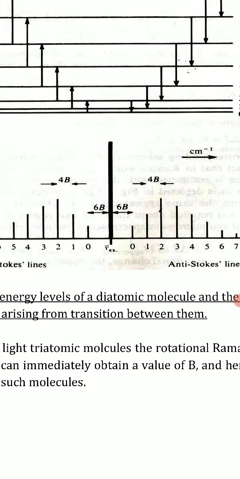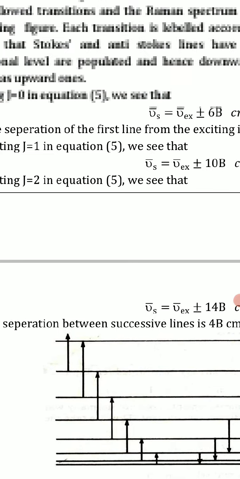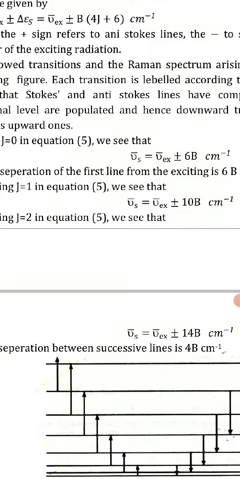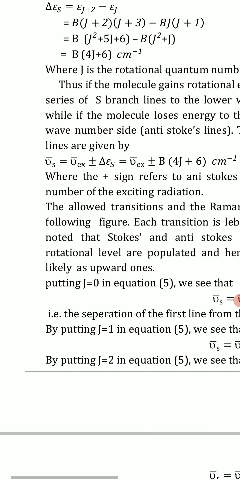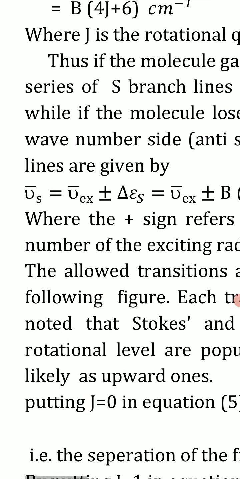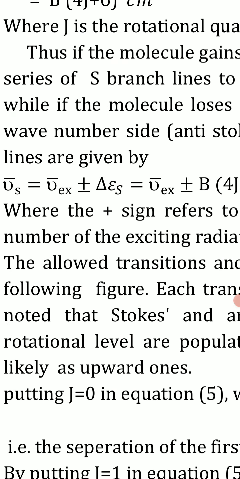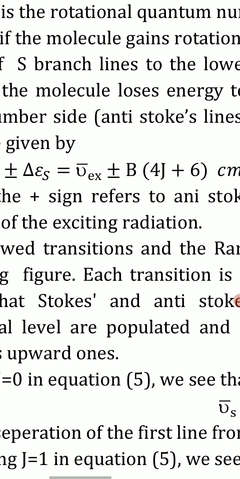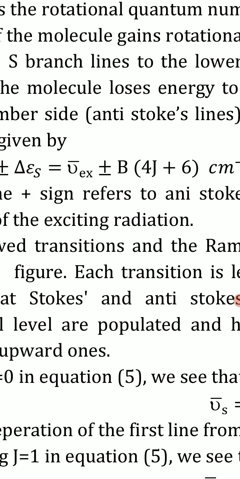And for this transition, from this relation, if we put J equal to 0, then we find nu S bar equal to nu Ex bar plus minus 6b, put J equal to 0.